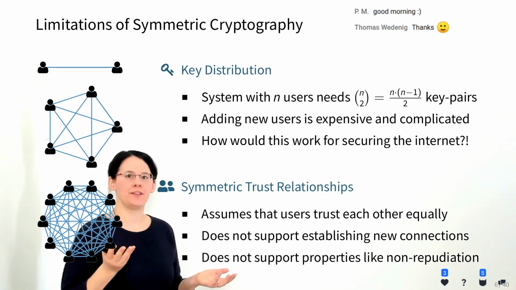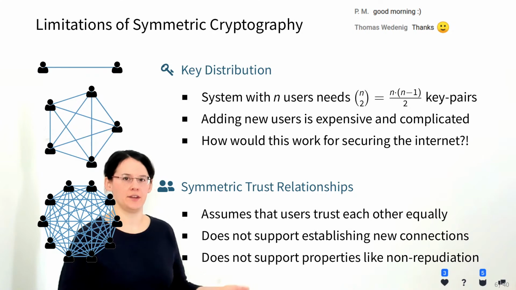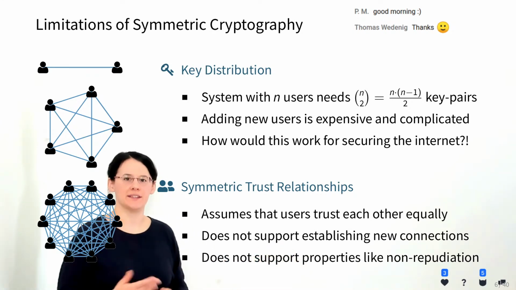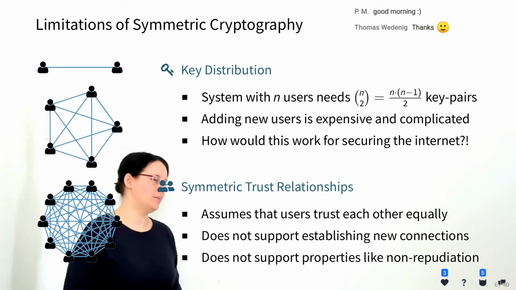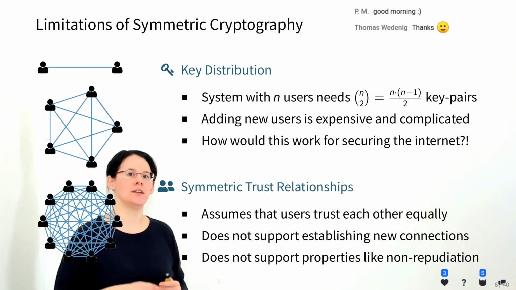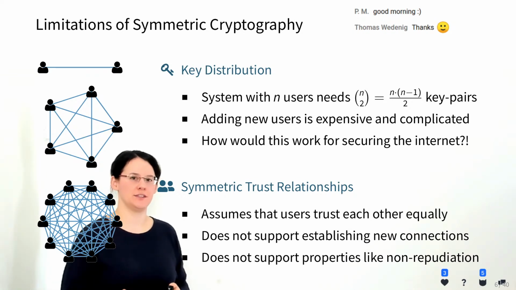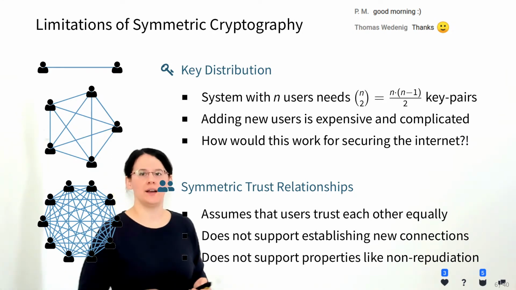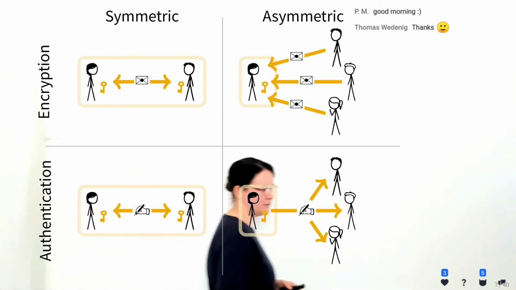It's not centered on the individual users and their perspective. And non-repudiation is an example for this sort of property. If you remember, this means in German Nicht-Leugnbarkeit, so not being able to deny at a later point that you sent something or signed something. And this is where asymmetric cryptography enters the playing field.